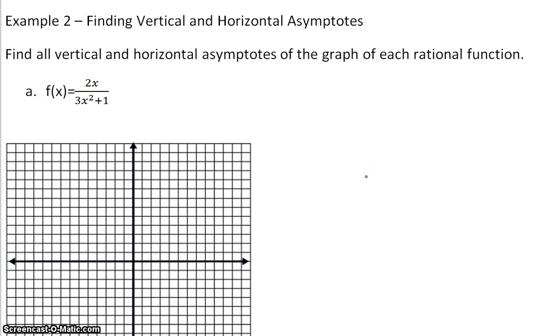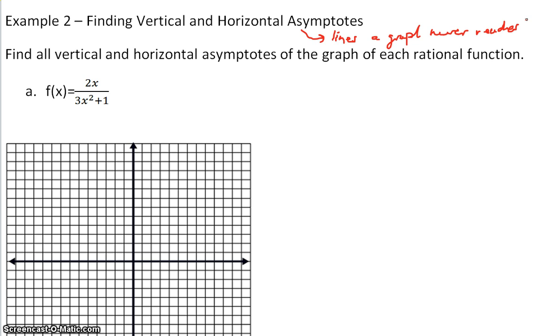Now I'm going to jump to how to find specifically what are called asymptotes. And asymptotes are specific lines that a graph never reaches. So what do I mean by a line that a graph never reaches?